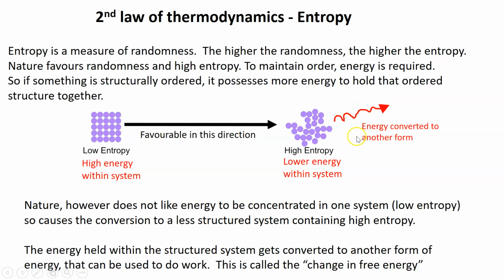Entropy doesn't like the sun being all condensed up with high energy. It wants to go to high entropy, low energy. That's why the sun is burning, releasing some of the energy into heat energy and other forms of energy.